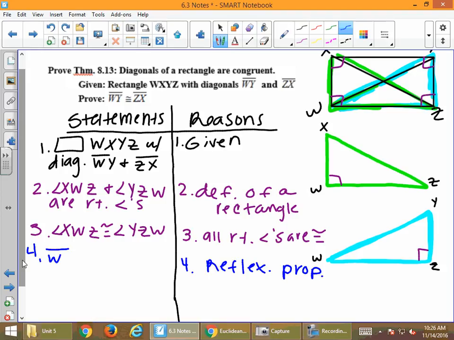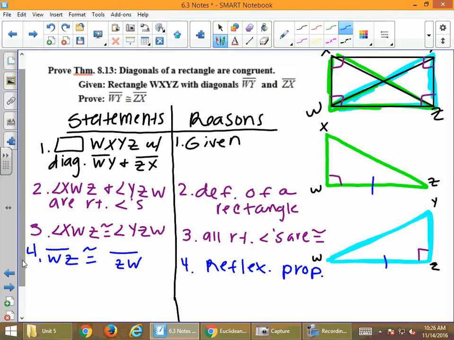Nothing is flipped. I guess it kind of is. So WZ is congruent to WZ. We'll mark it. We just said that that shared side is congruent to itself. There we go. We have two pieces.